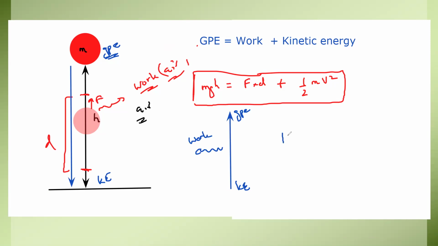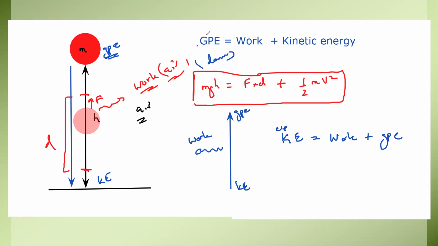So what will the equation be now? Initially it is kinetic energy, some of the work is done against the resistive force, plus the remaining energy will be gravitational potential energy, GPE, and we solve accordingly. This is when the object is going up, and the other one is when the object is moving down.